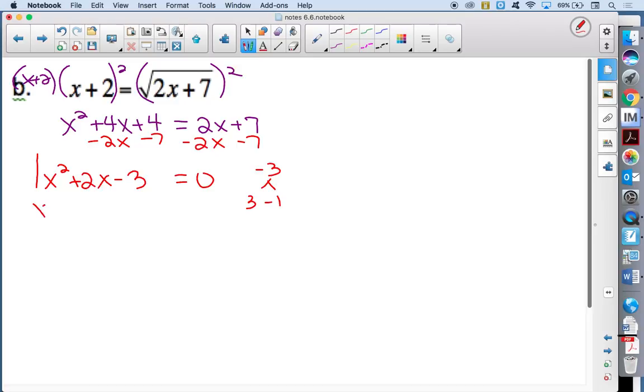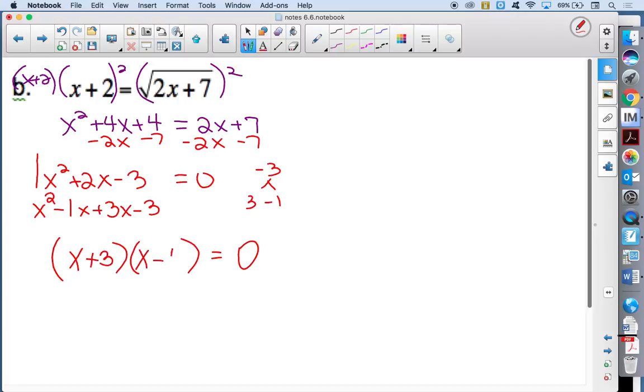But if you still need to write x squared minus 1x plus 3x minus 3, that's fine. But you can go to the factoring step as well. That's because there's a 1 with the x squared. So it would be an x and a positive 3, and then an x with a -1. So your 2 answers, x equals -3, x equals positive 1.